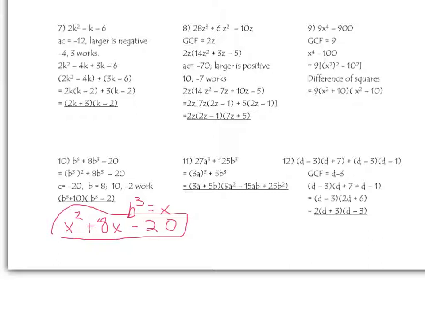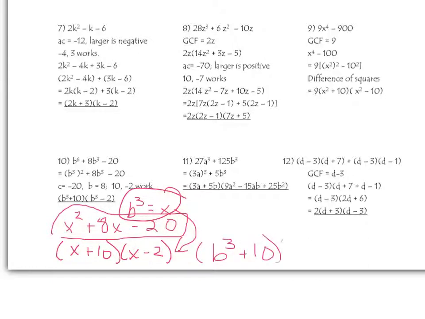And then at the end, after you factored it, you go back in, and this will factor as x plus 10, x minus 2, and then you substitute in your b cubed for x. Everywhere you see an x, you write b cubed. And so that's how you handle a problem like that. But basically you're using reverse FOIL in that problem.